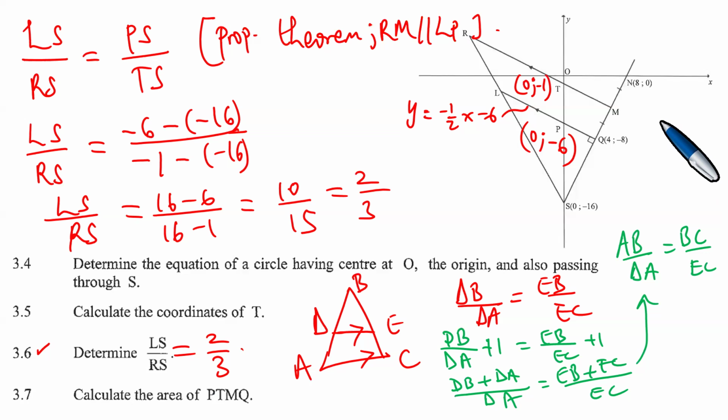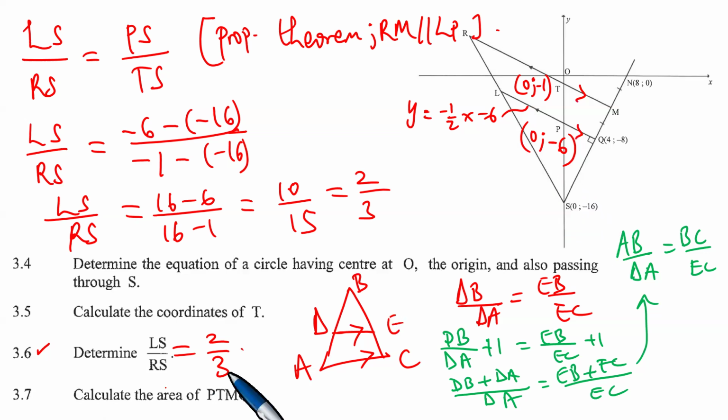We want to find the area. How do we then find the area? The area of PTMQ. This resembles something we know, a shape with just one pair of opposite sides parallel, and this is called the trapezium.